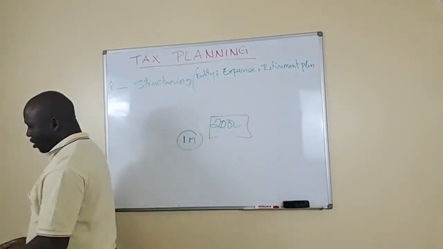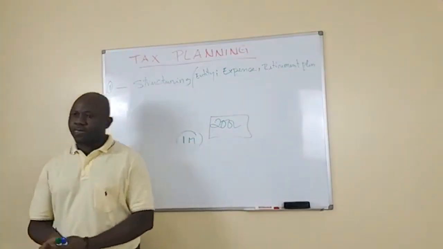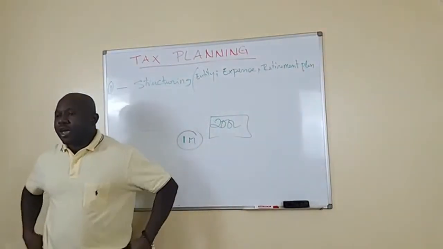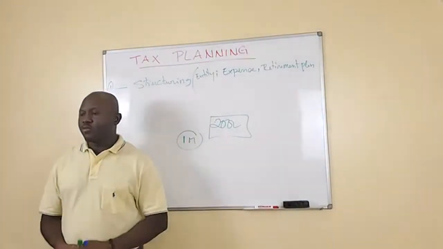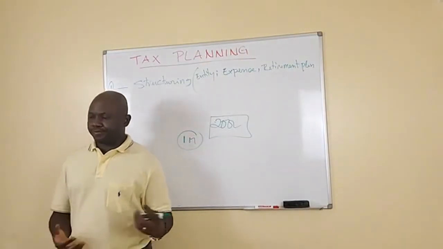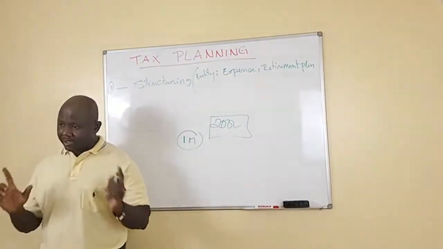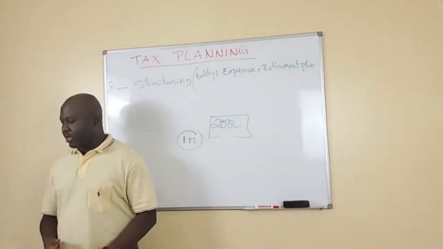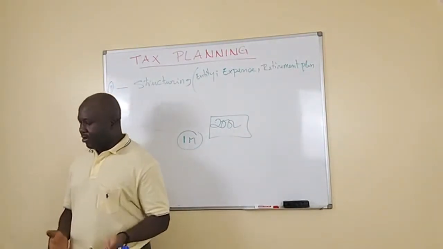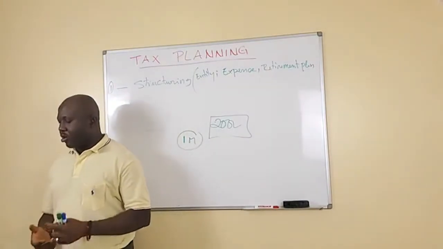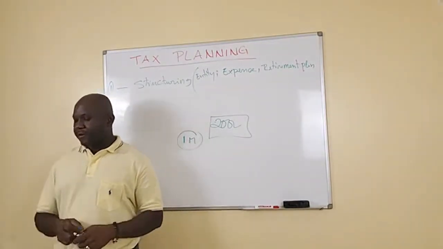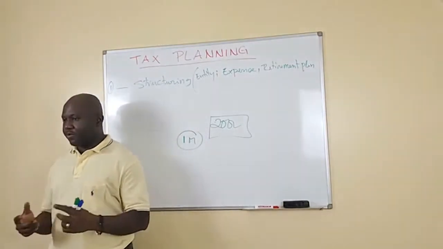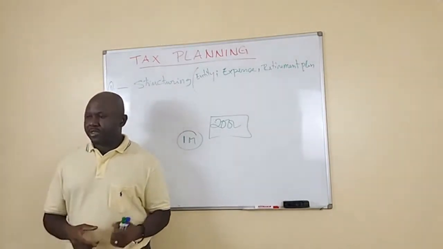As a business owner or as an individual, you have to know the structure of your retirement plan and know which one is more tax-wise favorable to you. That's what you have to know. There are so many types of retirement accounts. You have what is called traditional or Roth IRA. You have a self-employment 401k. You have the SIMPLE IRA. You have the SEP IRA.